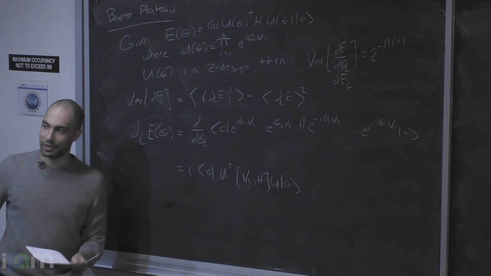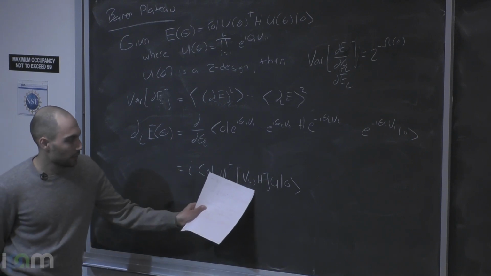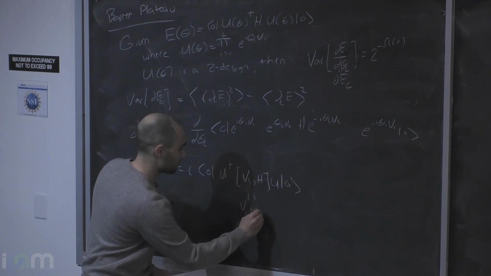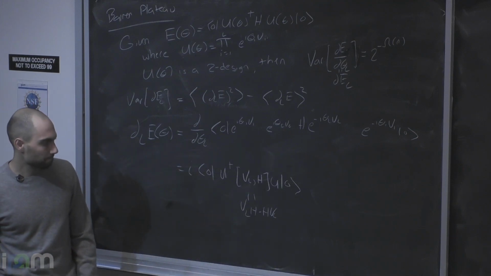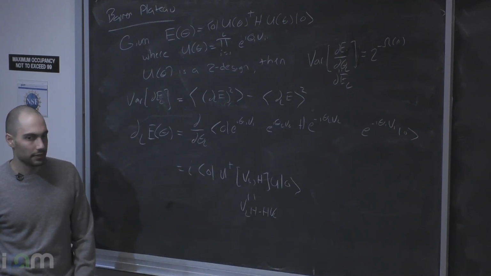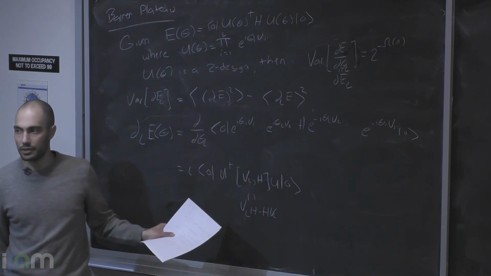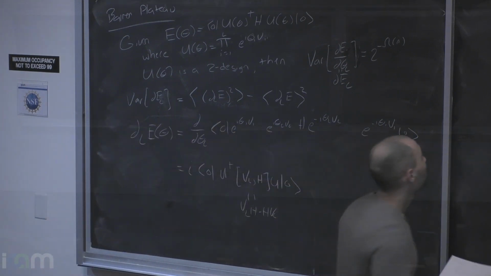I'm not going to put parentheses, just to make things shorter. And this is just the commutator, so VL H minus H VL. That's the formula for the gradient. So let's calculate now these two quantities, the expectation and the expectation of the square.